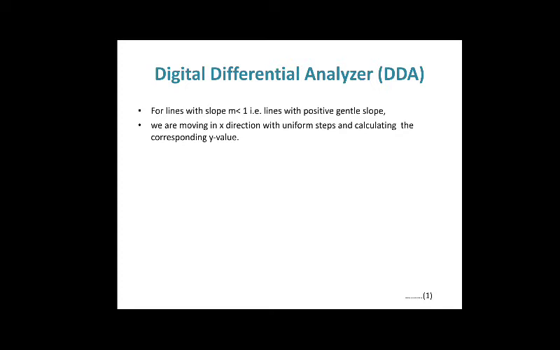So y changes according to the slope of that line, where x changes by 1. This is the gentle slope, where x is incremented uniformly by 1, whereas y changes as per the value of slope. This we are going to see now.